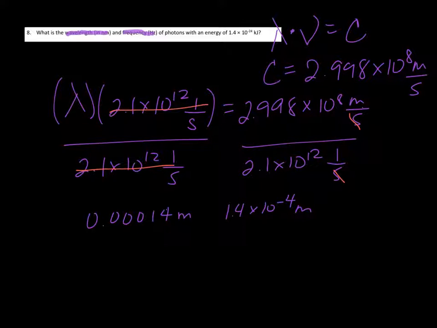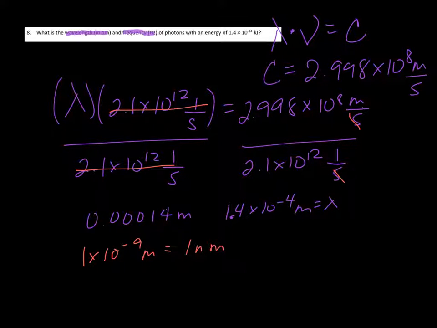Now it says that we want it in nanometers, and so to convert this to nanometers, I know that 1 times 10 to the negative 9 meters is equal to 1 nanometer.